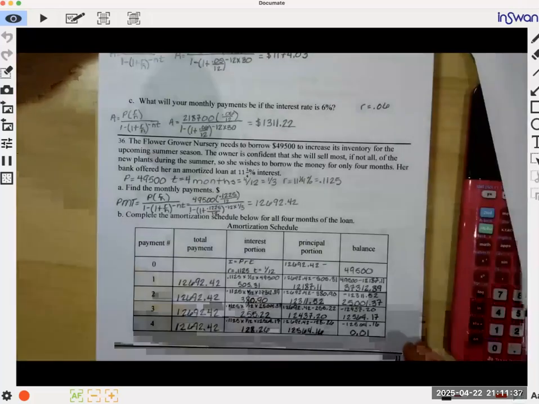There's 34. And 35. $36. $37. Okay. That's it.